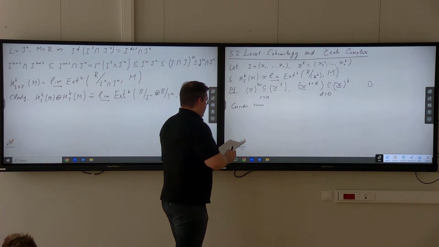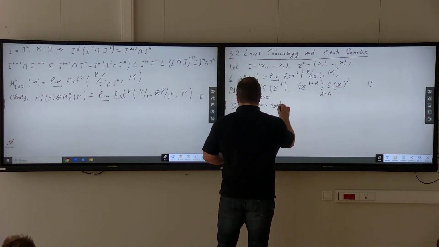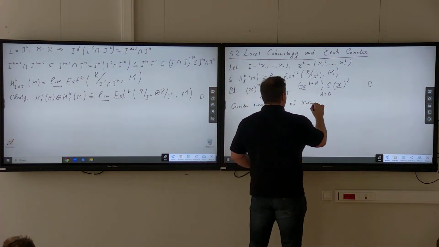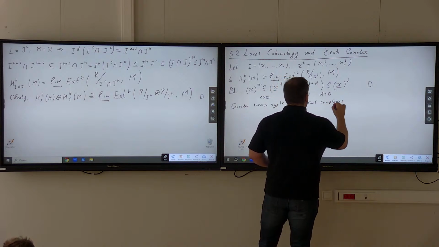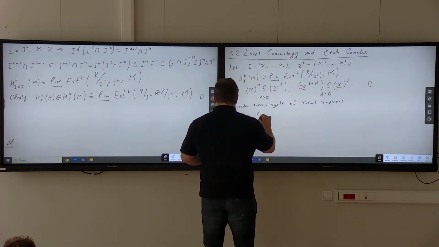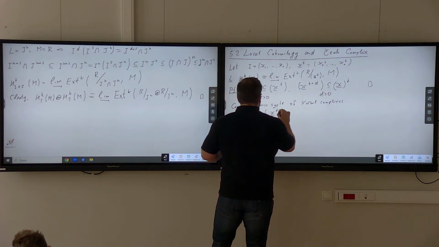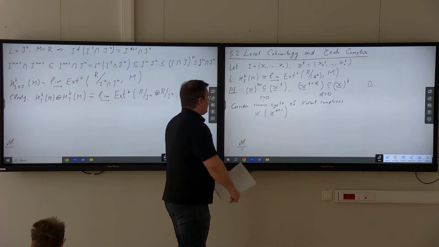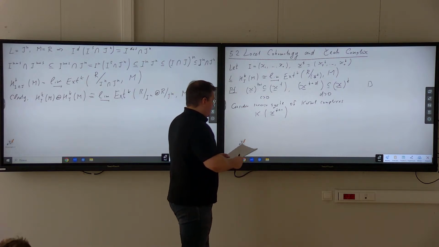Okay, so let's consider an inverse system of Koszul complexes. Here I have the Koszul complex for the sequence with index t plus 1. It means that I take the generators of the ideal and raise them to the power t plus 1.